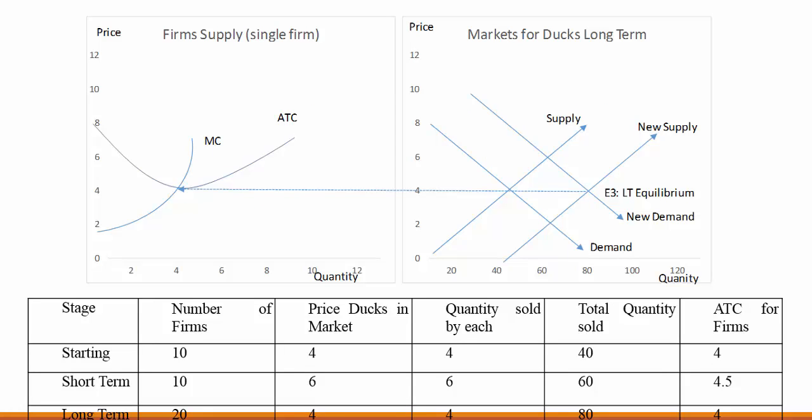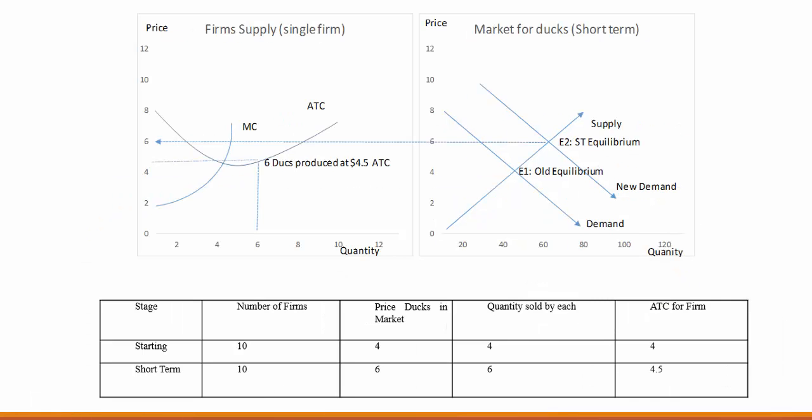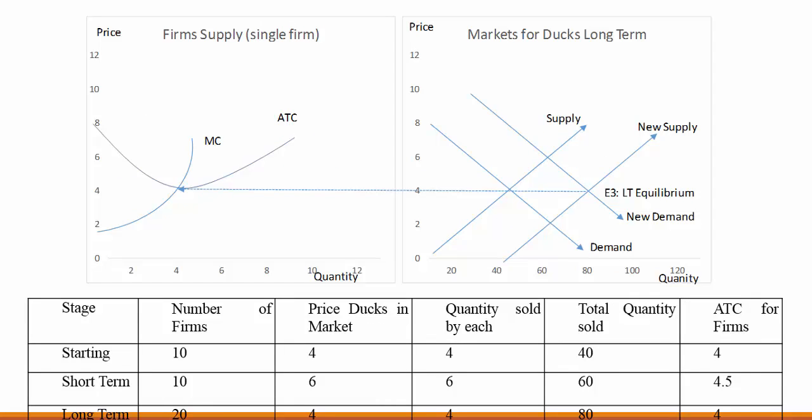Now in the long term, many companies would jump in, and the price would decrease. So in the long term, supply changes. In the short term, demand can change. Just remember this, because in the long term, new companies can come in, and companies can change the cost, like they can use other technology or whatever.